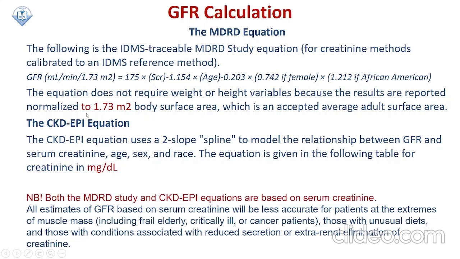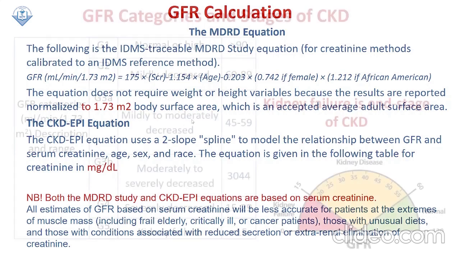This parameter is unified, which helps us to detect how much creatinine is collected from the blood from some surface area, and it is the accepted average adult surface area, and it is used now. The second frequently used formula is CKD-EPI formula. It uses creatinine measurement in milligrams per deciliter. Two formulas are used and based on serum creatinine. And we can find online calculators for checking these parameters in our real clinical practice.